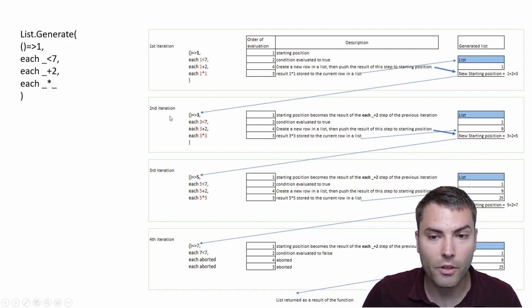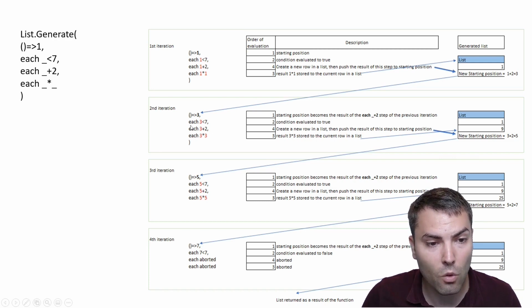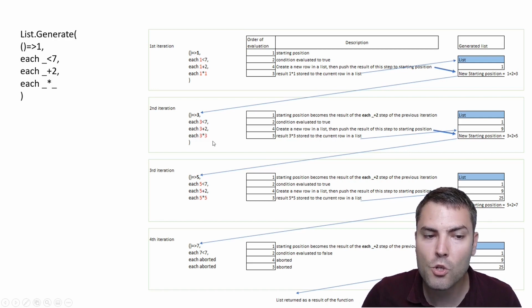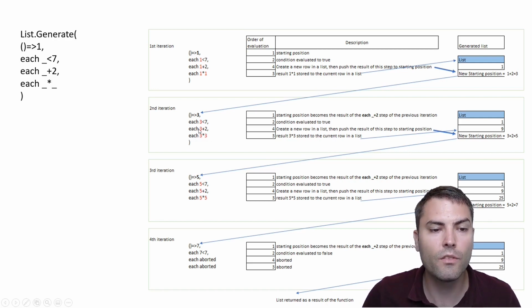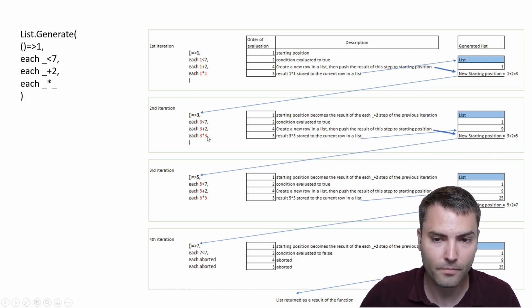In the second iteration, the list has 2 rows, and the result in the second row is 9 because this condition evaluated true. Therefore, the next iteration will be 5, but we also have this optional argument which is saying that if this evaluates to true, then push this result to the last argument and multiply it with itself.